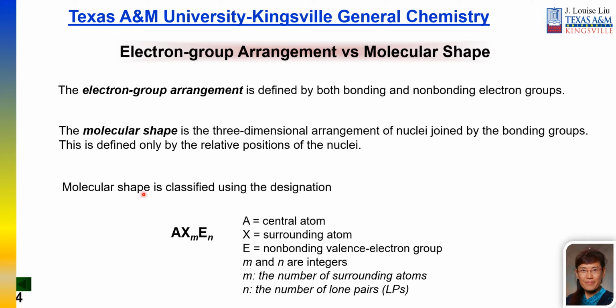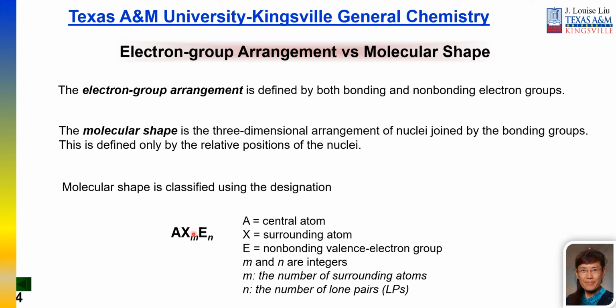Your molecular shape is classified using the designation shown below: A, X, m, E, n. This capital A represents the central atom. This whole designation is called the VSEPR formula.